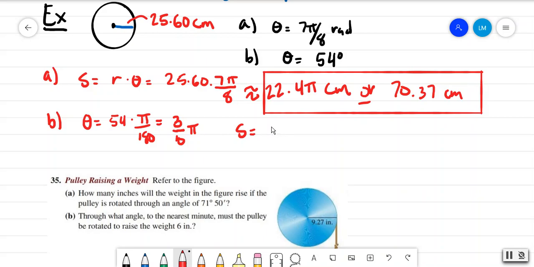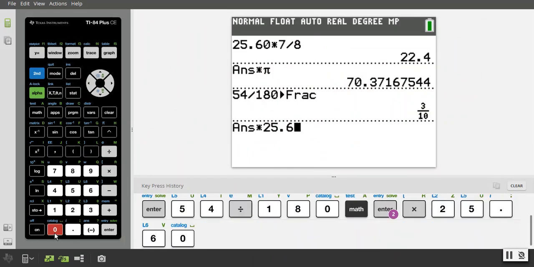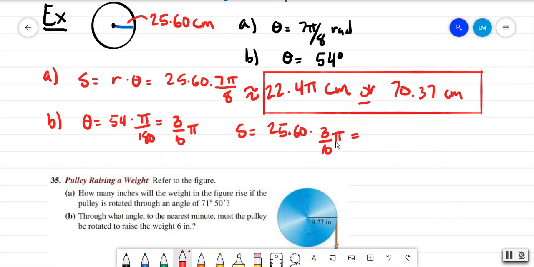Now you're going to do the exact same thing. You take the 25.60 and multiply by 3/10 pi. If you write the symbolic answer, you just take the 3/10 and multiply by the 25.60 centimeters, and you get 7.68 pi centimeters.